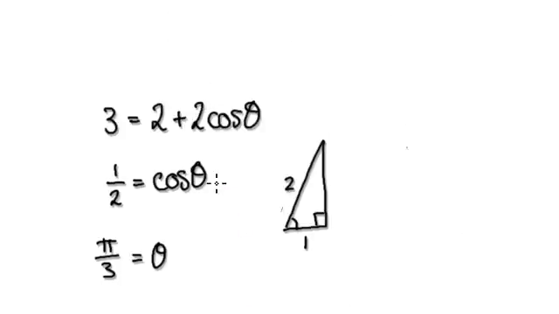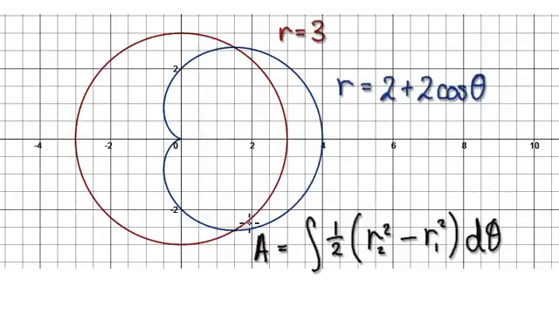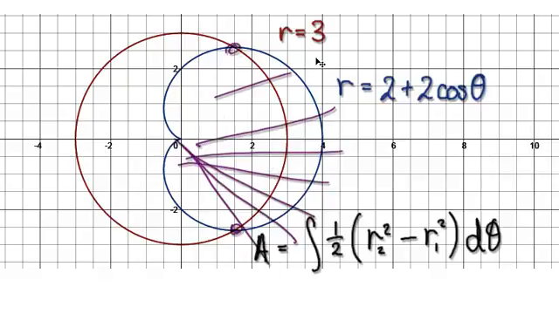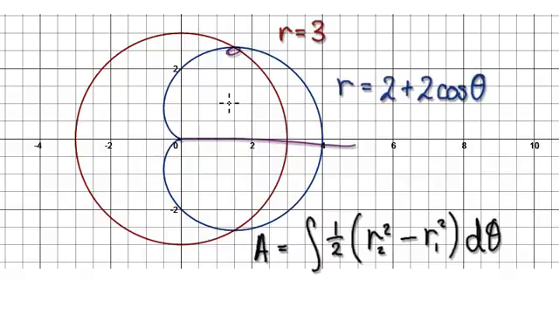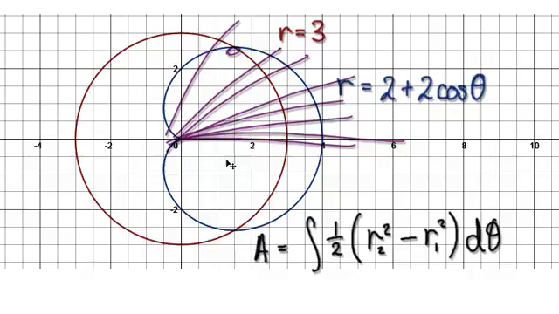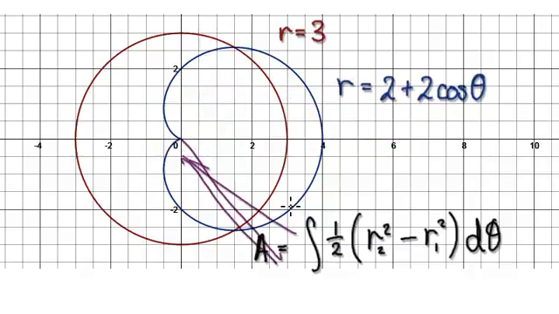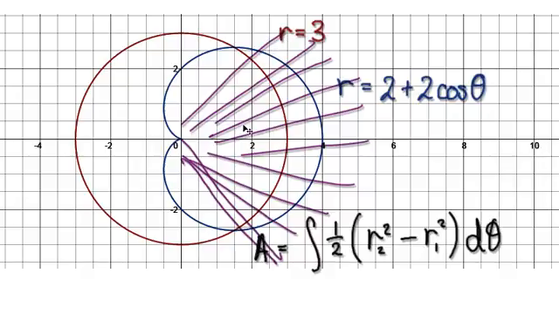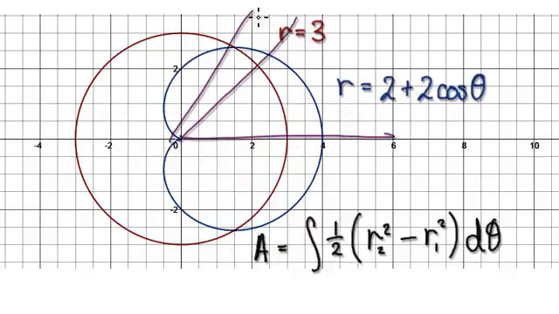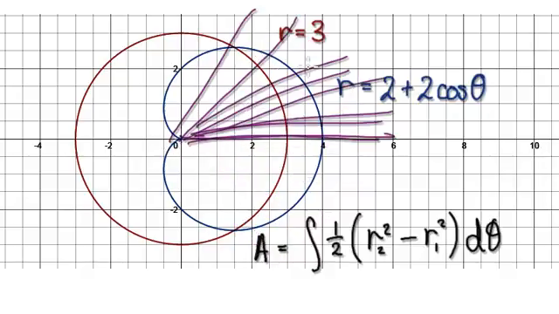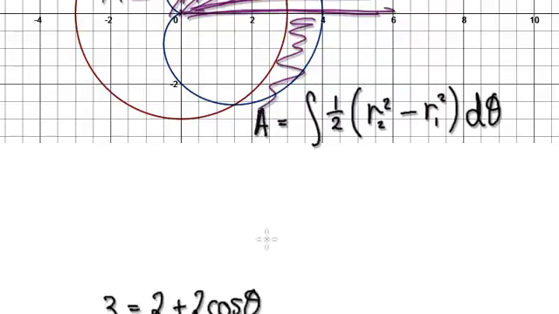But rather than doing that, we could just integrate from 0 to pi over 3, and then later multiply it by 2 because it's symmetrical down here.